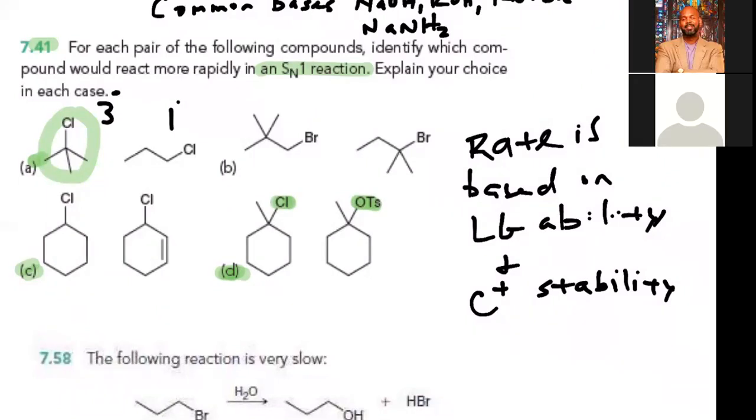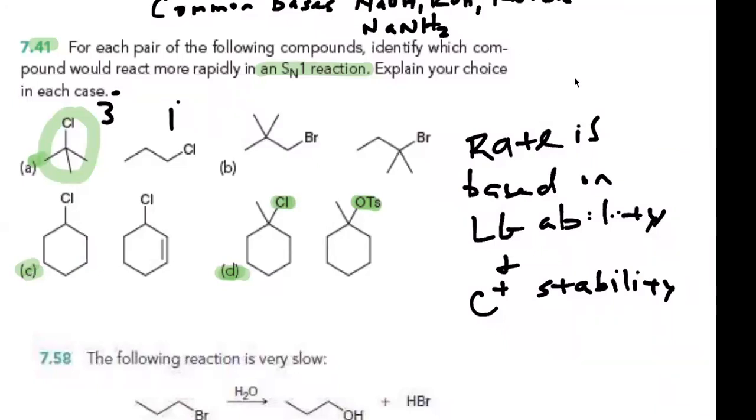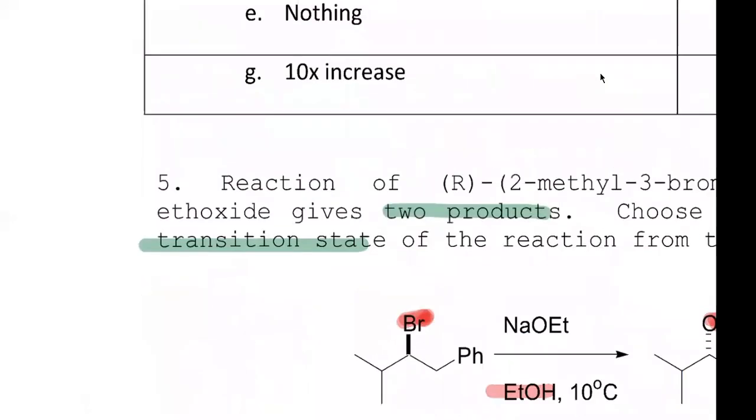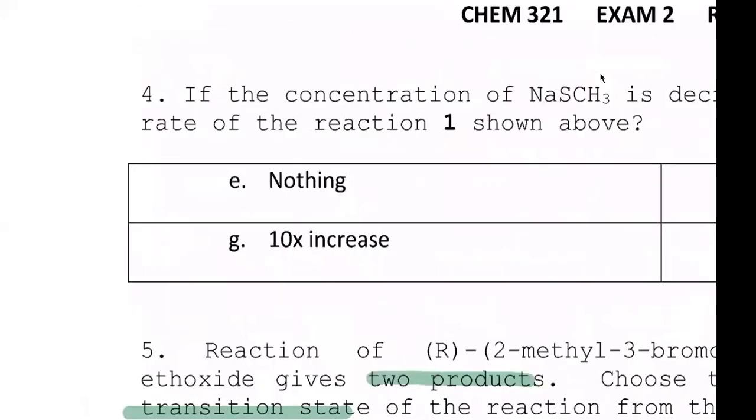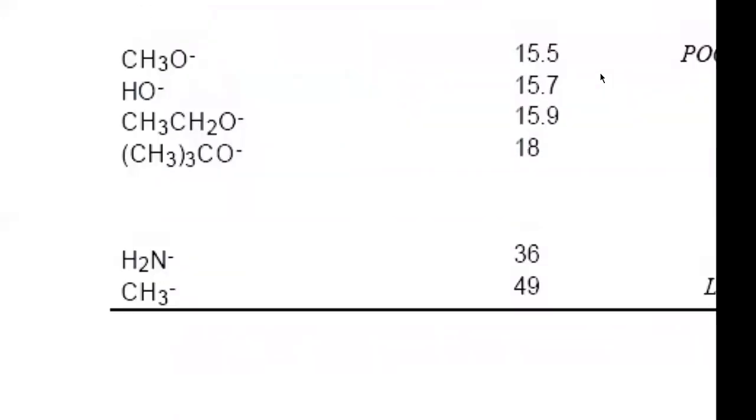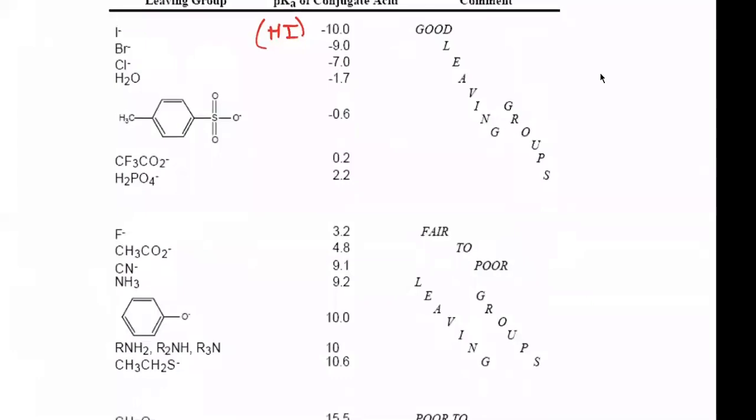If you compare them, if we go up to our chart, I hate to back up all the way up to here, but we can do it. If you go up to our chart right here, all our leaving groups are right there. And this leaving group right here is the tosylate.